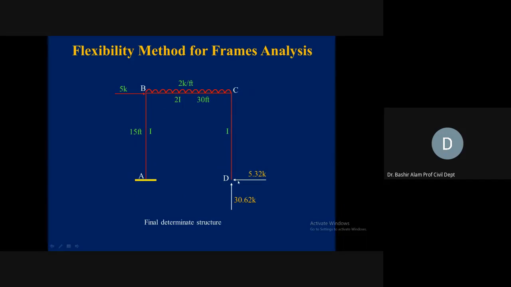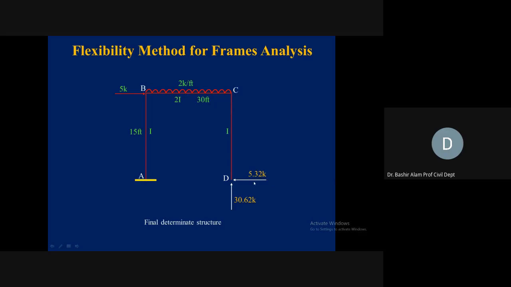If somebody is asking me to analyze under this loading condition, you analyze this CD. So what will be the vertical reaction here? The vertical reaction here will be downward 30.62. What will be the horizontal reaction here at C? It will be 5.32 rightward directed.